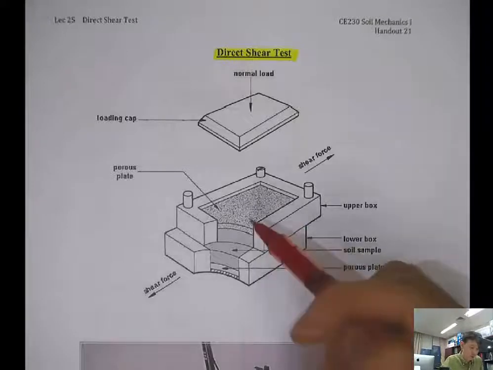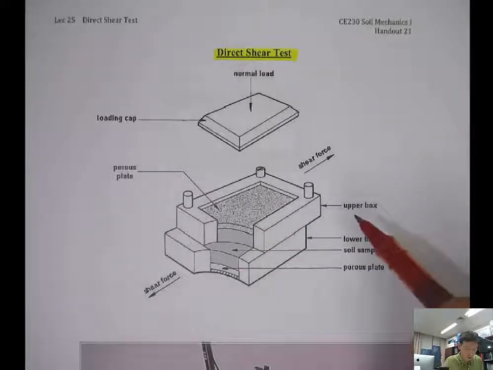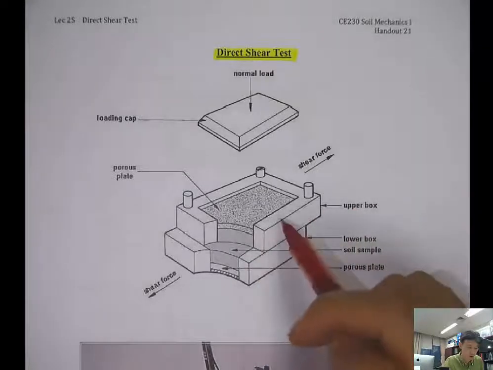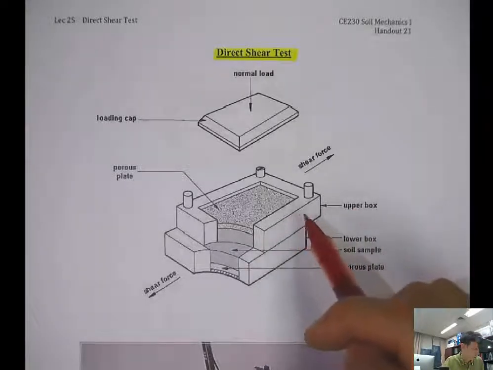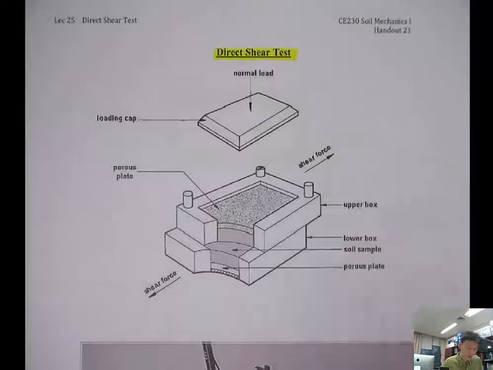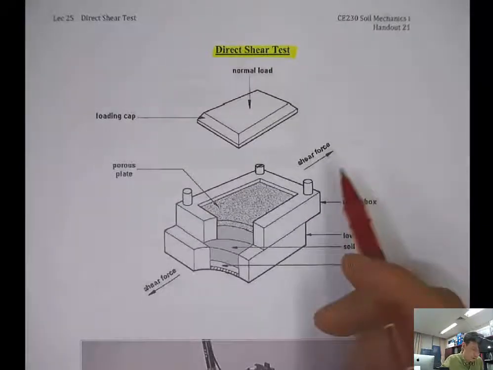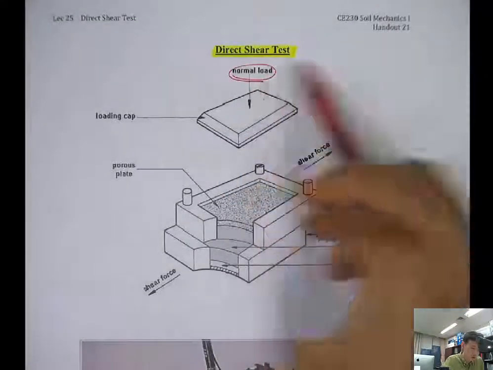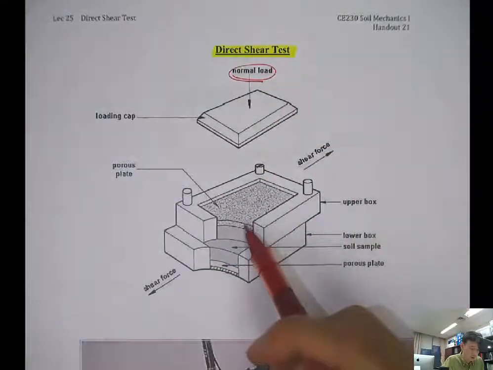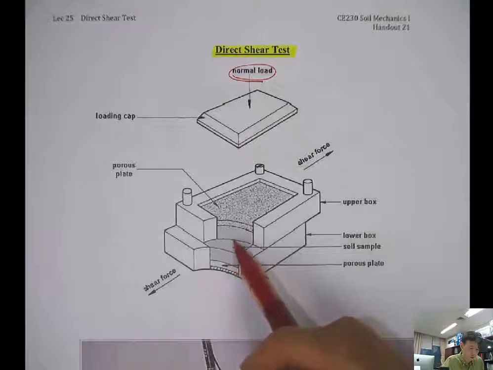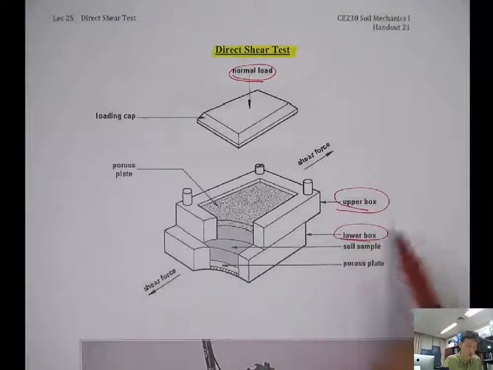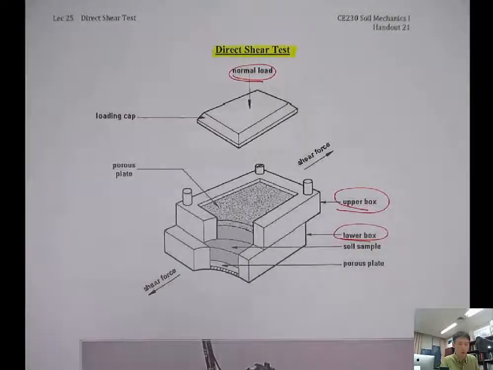And this shear box can be a square shape or a rectangular shape, or it can be circular. You can see that there's a loading cap that can apply and transfer the normal load, and the porous plate is at the top, and then you pour the soil inside. There's an upper box and the lower box. So between the upper box and the lower box, you can shear it.